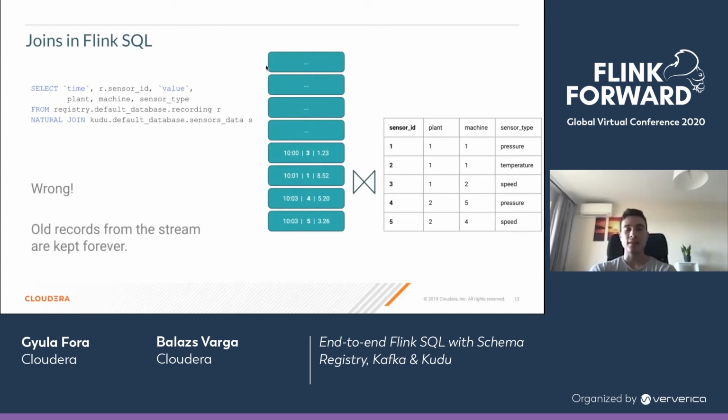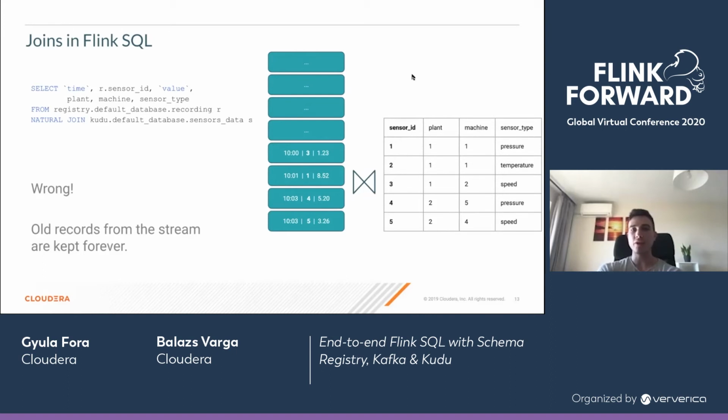So let's see what the issue is here. We have this unbounded data stream. This left side represents the sensor recordings coming from Kafka. You can see it has a timestamp, it has a sensor ID, and it has a value. And on the right, we have our Kudu enrichment table of some sensor IDs and the additional metadata.